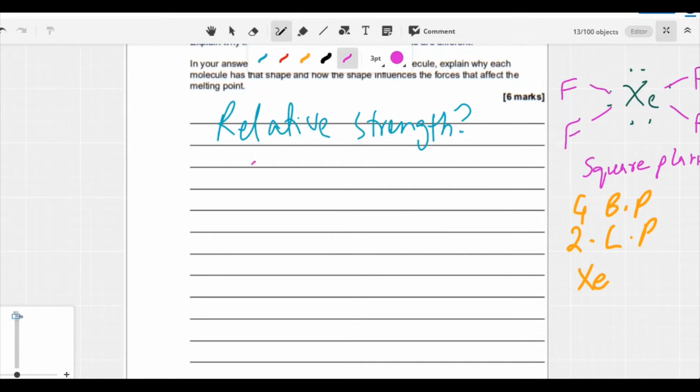So here I am going to write that xenon tetrafluoride contains VDW, the van der Waals force, while PF3 contains dipole force.